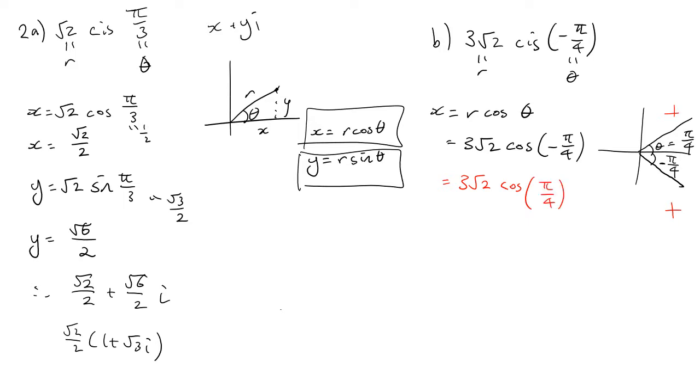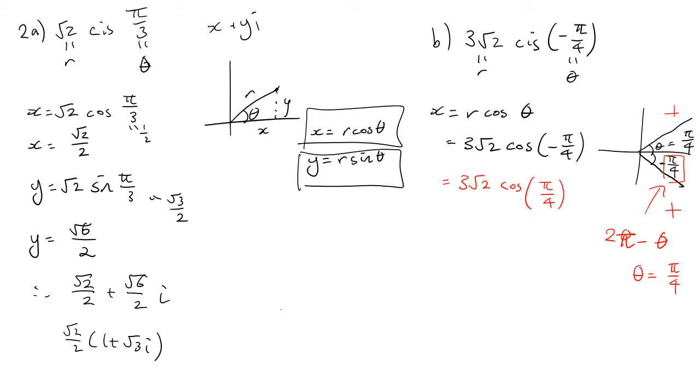Okay, because we express the angle here as 2 pi minus theta, and since we subtracted pi on 4, our theta is pi on 4. Now you should know this from your trig equations.